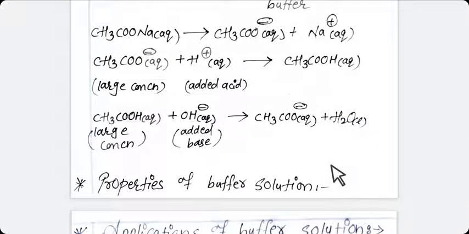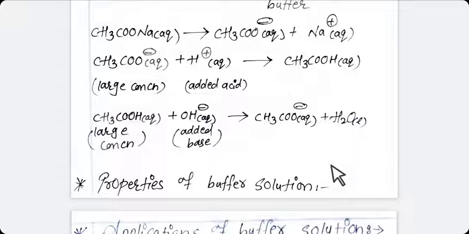Now the acid or base added thus cannot change the concentration of H plus ion or OH minus ion. The acid or base which we are adding here does not change the concentration of H plus ion or OH minus ion, and the pH of the buffer remains unchanged.